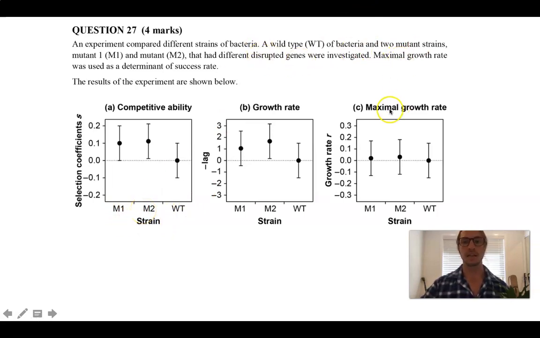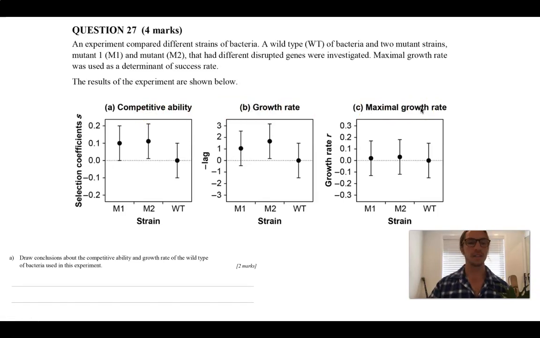They looked at the maximal growth rate to determine the success of these mutant strains of bacteria. The results of the experiment are shown. We're looking at competitive ability, growth rate, and maximal growth rate. Here are the questions. Draw conclusions about the competitive ability and growth rates of the wild type of bacteria used in this experiment.